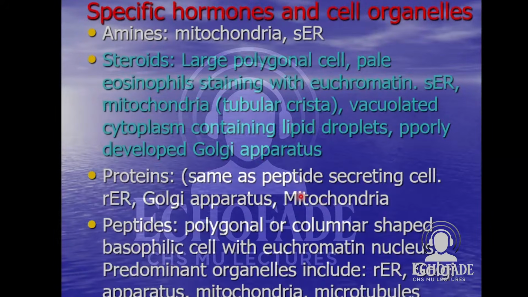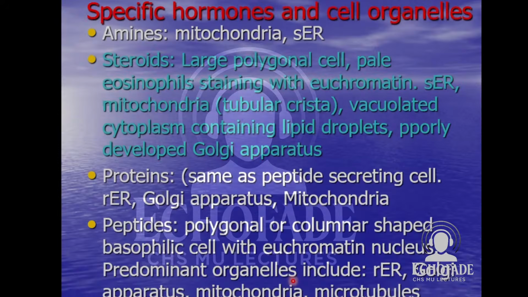The peptide-secreting cells are usually polygonal or columnar shaped and are basophilic, just like the amine form. They are basophilic because they have well-developed rough endoplasmic reticulum and ribosomes. They also have Golgi apparatus, mitochondria, and microtubules. Remember, microtubules are very important in intracellular transport.